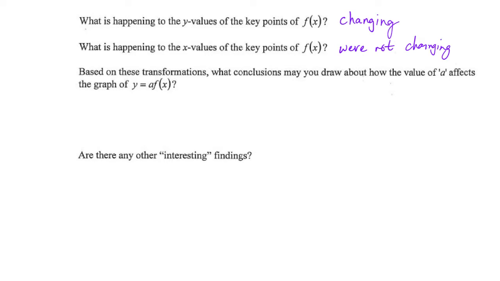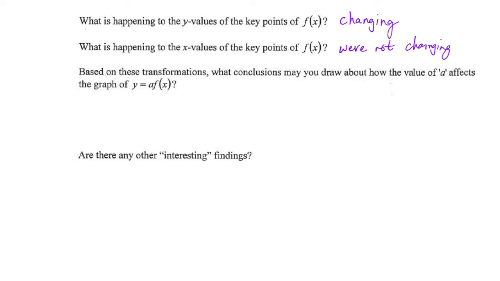So the conclusion we have to draw then is, when I multiply a number and put that number outside my function, so I multiply by a 2 or a 5 or a 1/4, outside f of x, my y values changed, but my x values did not. So let's make a general conclusion then.